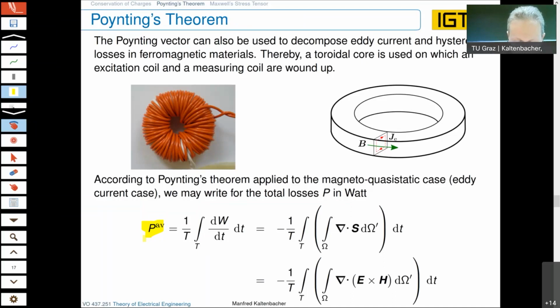And according to our theorem, we can describe this by the divergence of the Poynting vector.